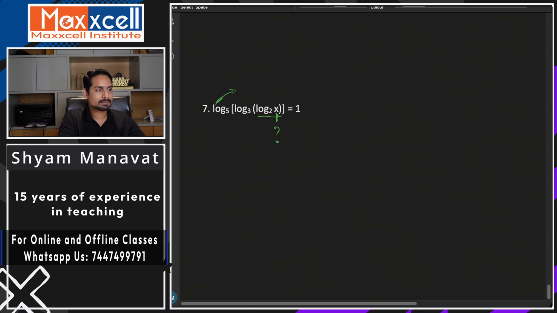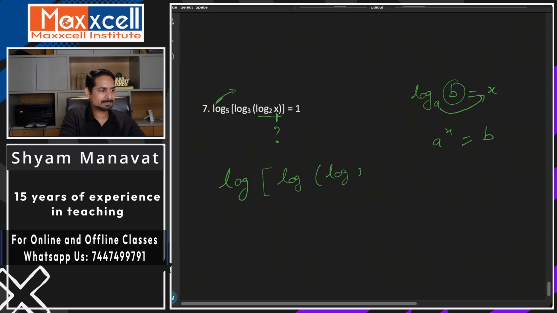So we apply the principle of log, that is: log b base a equal to x, in that case a to the power x equal to b. So let me write this question again. This is log of log of log of x, with base 2, base 3, and base 5, and here we got 5.